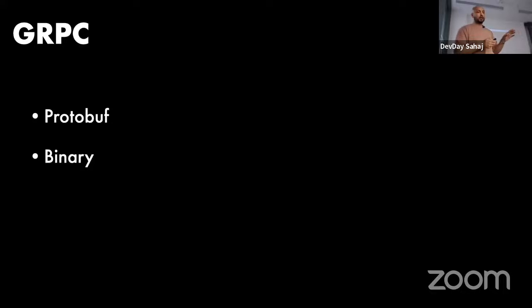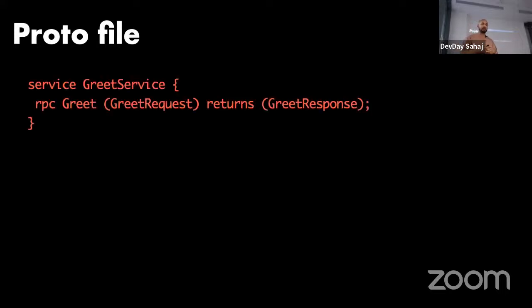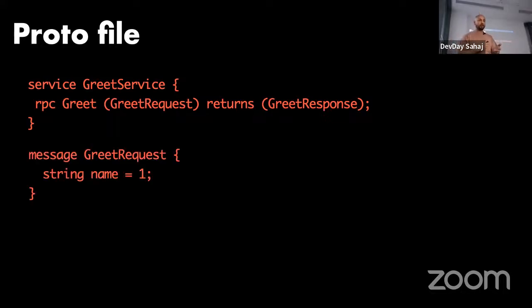Then it uses code generation to generate stubs for the protocol. By code generation I mean there's a proto file, which is a schema definition of your API, where you say, hey, this is the service that I have. This is the name of the method. It's an RPC greet method. This is the request, this is the response.